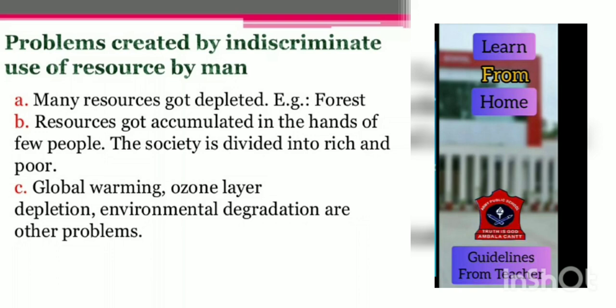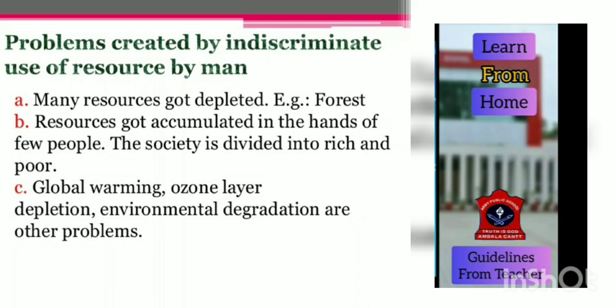Another problem associated with the development and use of resources is that the resources get accumulated in hands of few people who have the money and power to buy those resources.